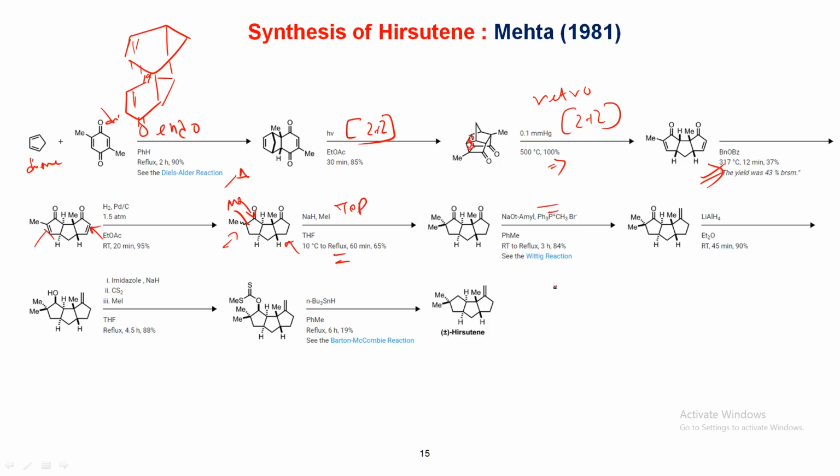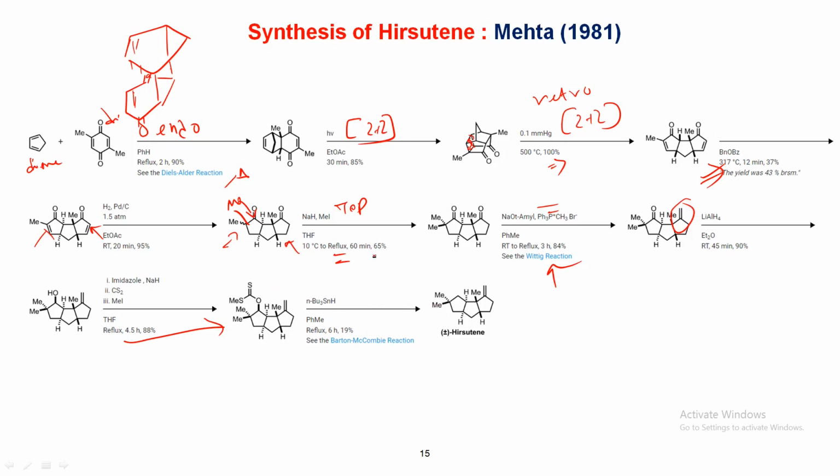Now with this Wittig reaction, and with LAH they did the reduction. This is also part of what we discussed, precursor formation and the final removal of this xanthate ligand.